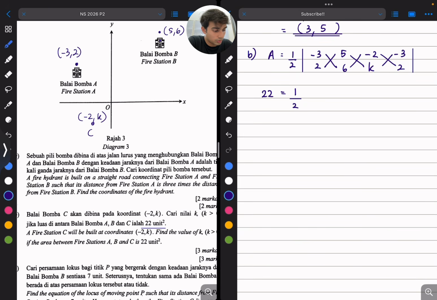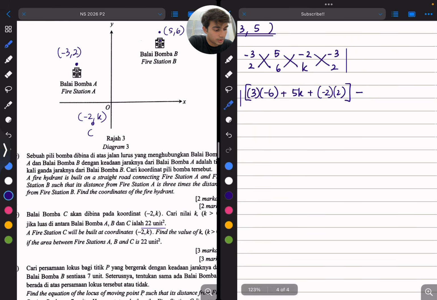1 over 2 modulus. So here we're going to get 3 times negative 6 plus 5 times k plus negative 2 times 2. Let's put 1 by 1 now. Minus this times this, this times this, this times this.